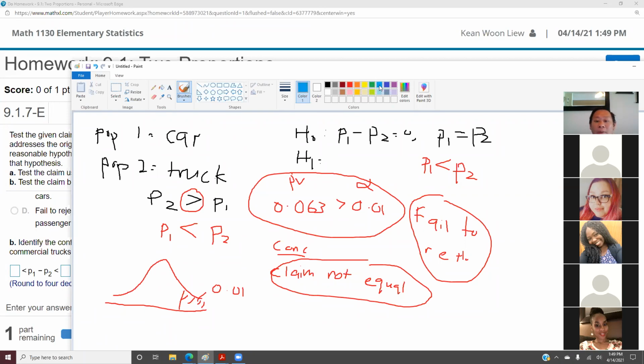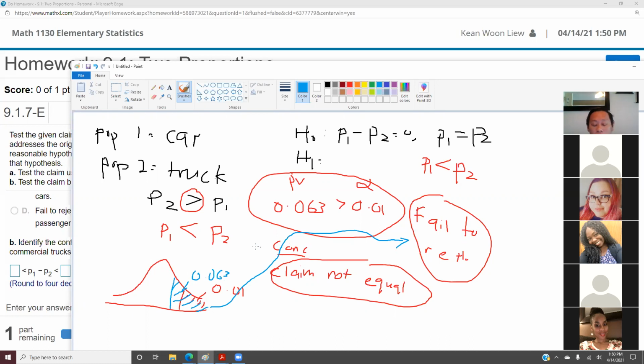However, your p-value is here, 0.063, which is why this area is greater. That means you will have to fail, because this area covers more than that. If p-value covers more than your alpha, you will have to fail to reject your null hypothesis, because your p-value is higher than what we expected.